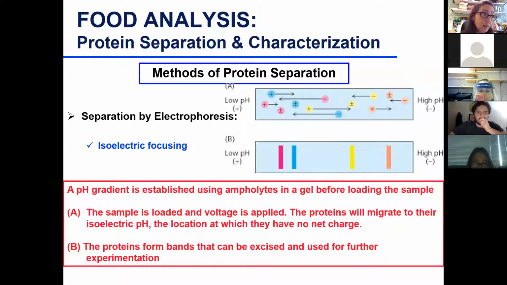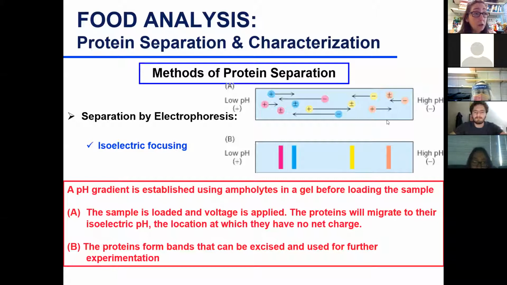So the way this works is, again, we use a polyacrylamide gel, or not necessarily polyacrylamide, it can be agarose gel as well, but the mode of separation in this case is based on charge. So what we do here is we create what we call a pH gradient. So we use ampholytes, which are small polymers that carry positive and negative charges.